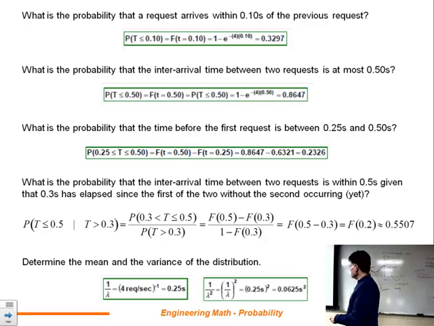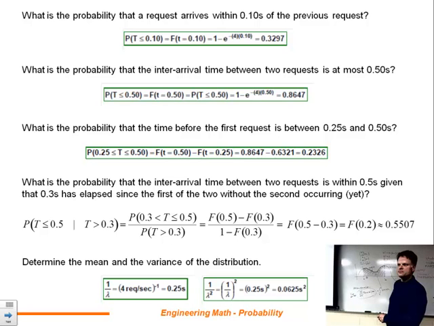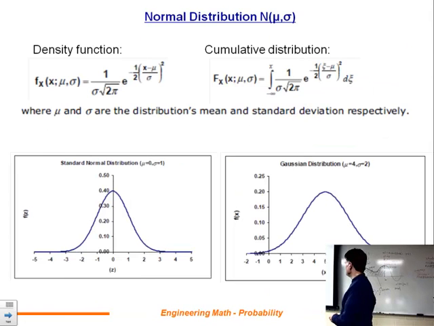So the variance is going to be 1 over lambda squared. So you square 0.25, and you get 0.0625 seconds squared. So this is in units of time squared, which doesn't really have a nice interpretation physically, but there it is. All right, done with the exponential distribution.